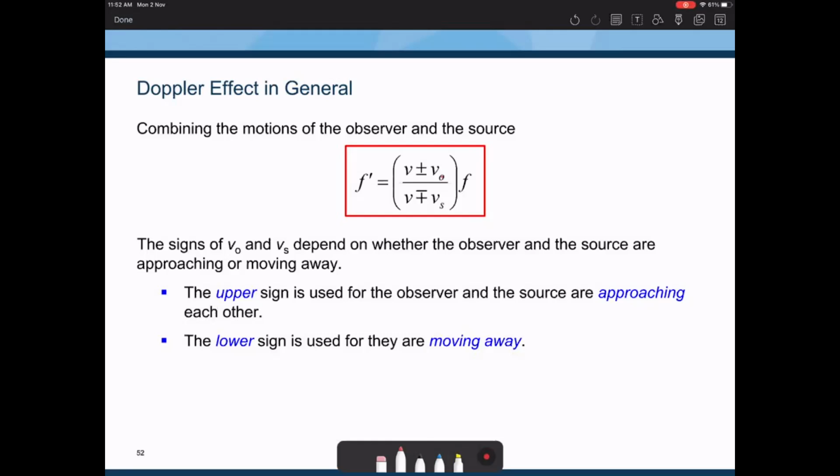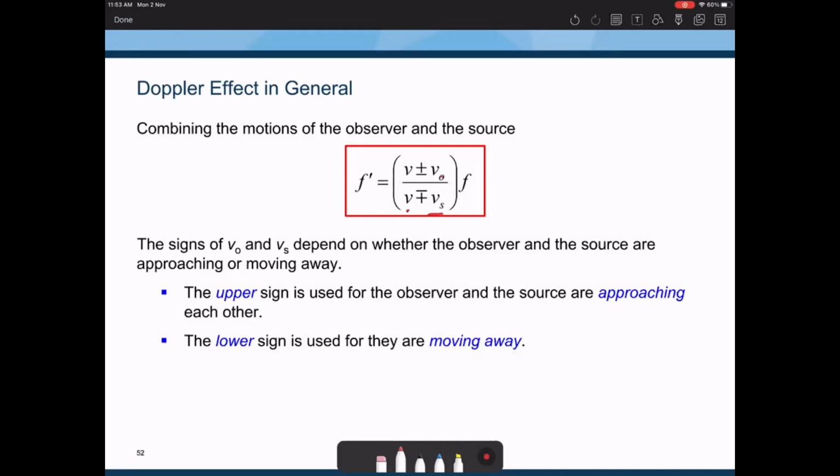V naught or VO is the speed of the observer. That means the case of the observer moving. On the bottom, V minus or plus VS. VS means the speed of the source. So the source is moving. If both of them are moving, then you would use the corresponding speeds of VO and VS.